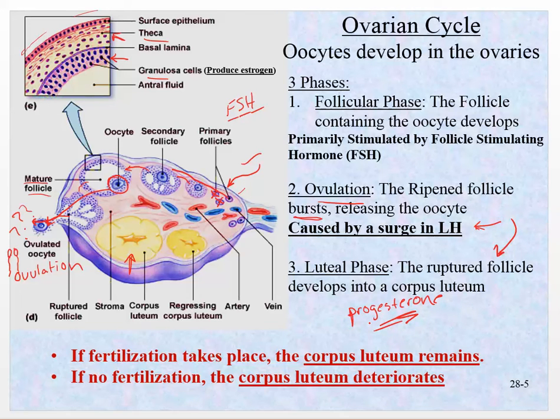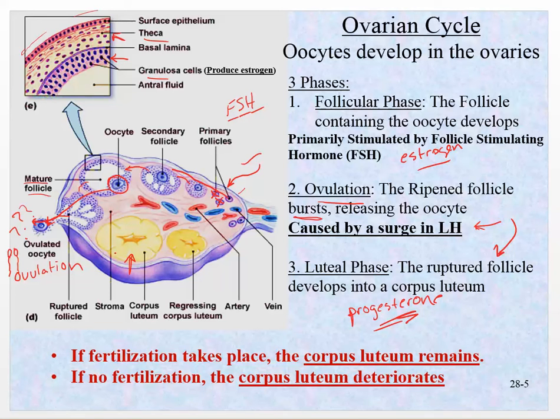Progesterone was being made previously, but estrogen was mainly the important hormone during the follicular phase. Progesterone is more important in the luteal phase. What progesterone does is keep that endometrial lining thick. It makes it ready for a baby to grow.